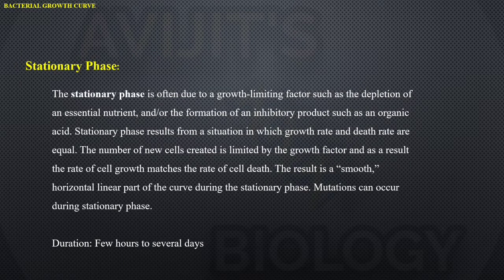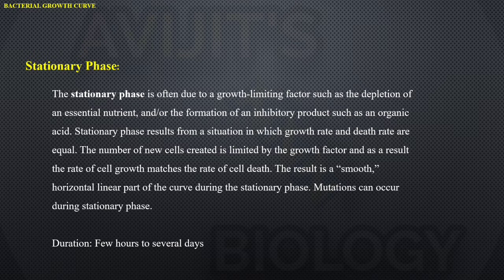Now the third phase, which is the stationary phase. The stationary phase is often due to a growth limiting factor such as the depletion of an essential nutrient or the formation of an inhibitory product such as an organic acid. Stationary phase results from a situation in which growth rate and death rate are equal.